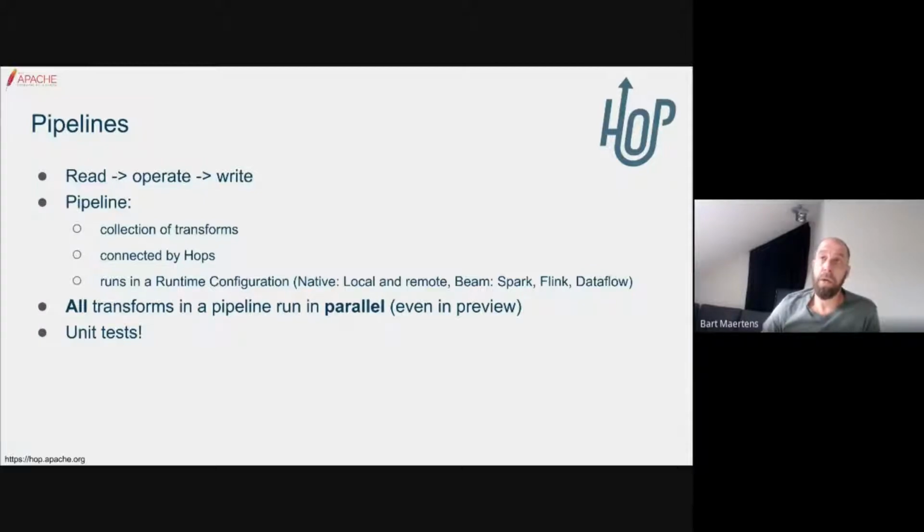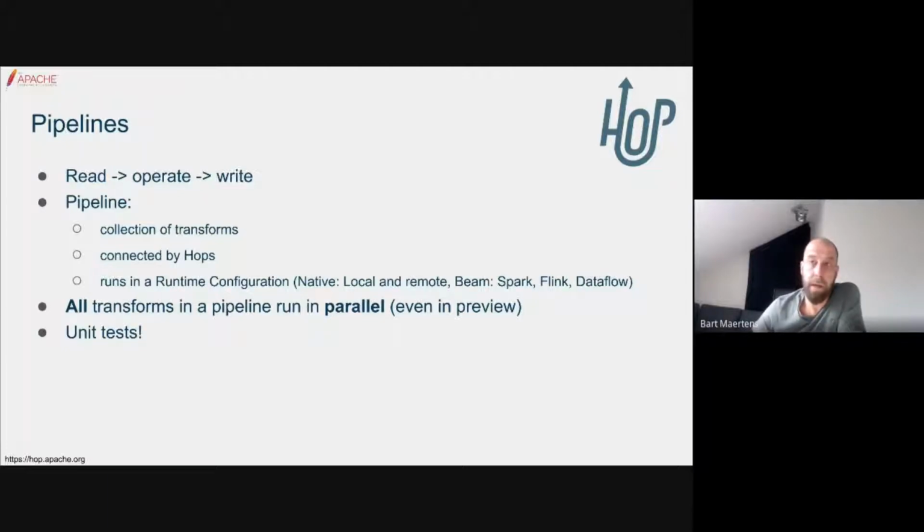Basically, you read data from a variety of sources, do a number of operations on your data. Could be lookups, joins, enrich your data in a number of ways, do some cleanup, manipulate your data, do some calculations, extract data, whatever.